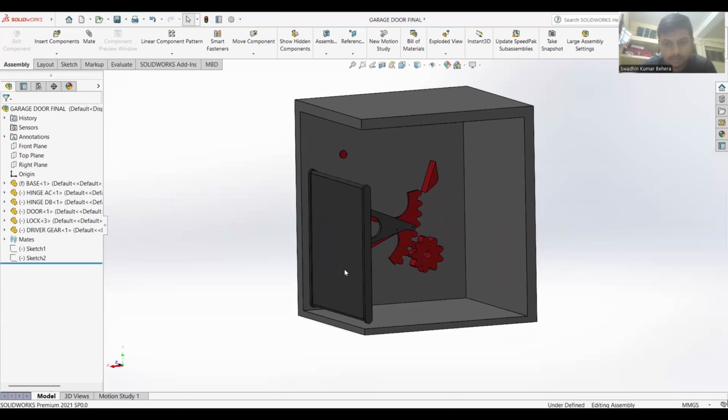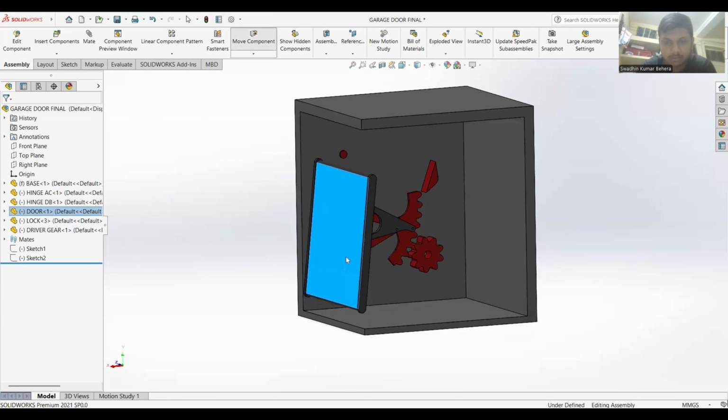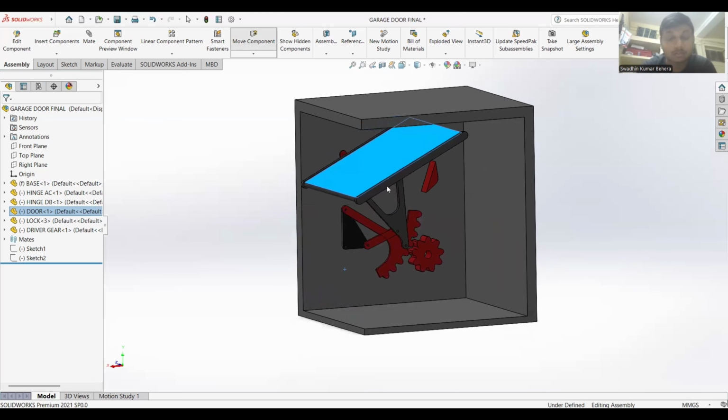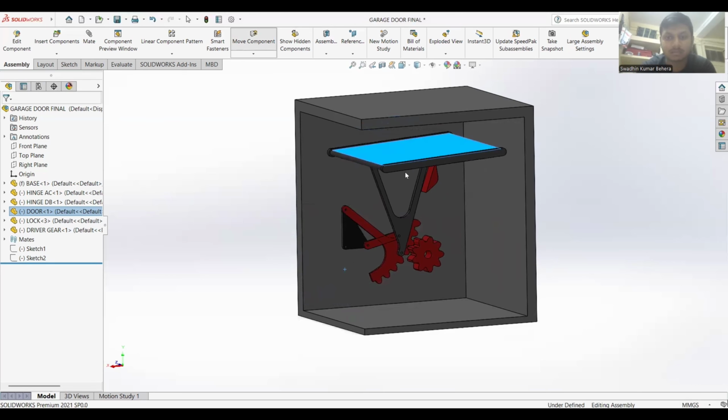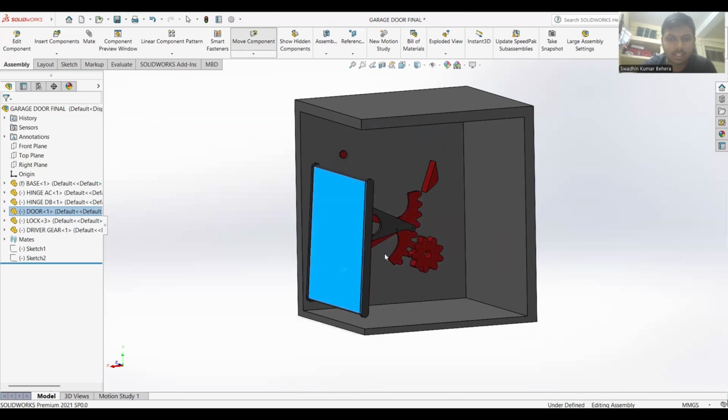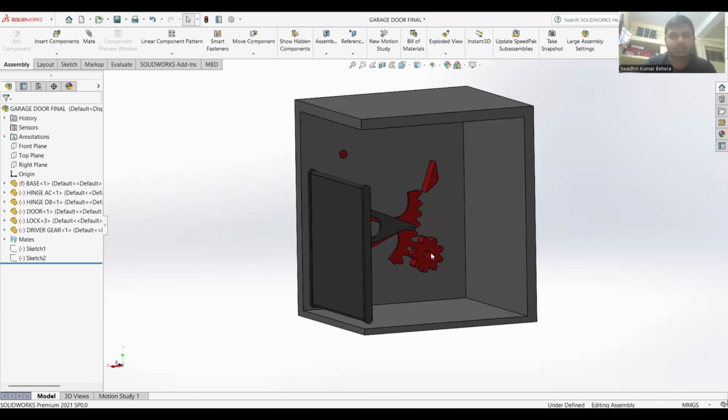As you can see, if I try to move this door, we can move it from vertical to horizontal position. And we have also attached a gear here, and we can also attach a motor to it, which will allow us to move the garage door as we wish.